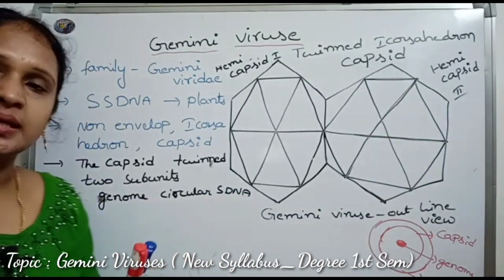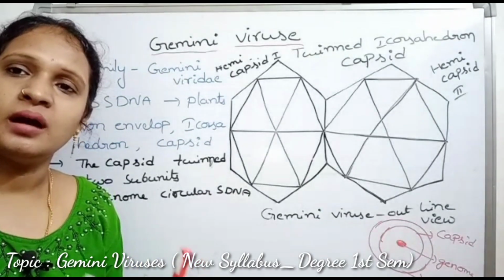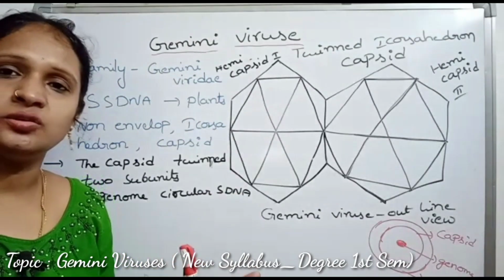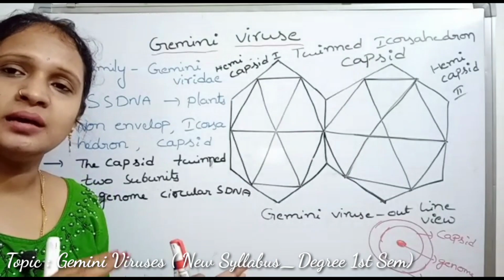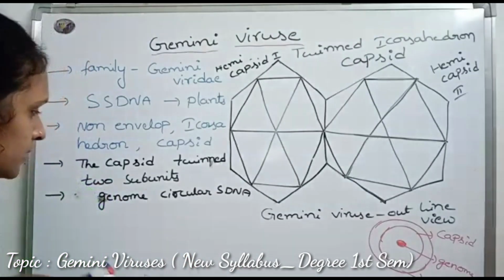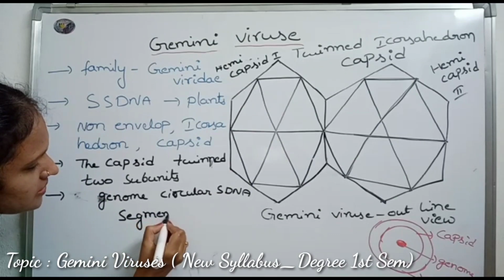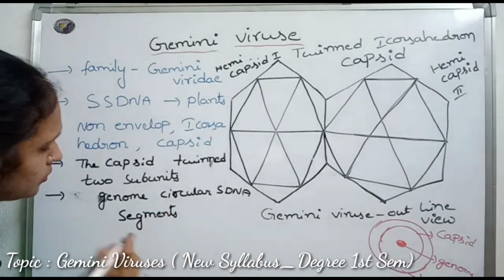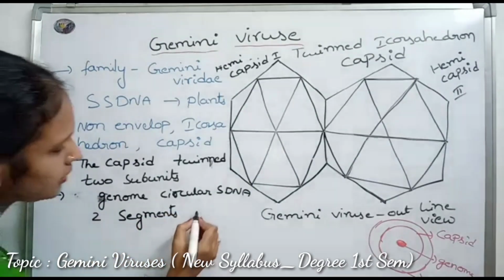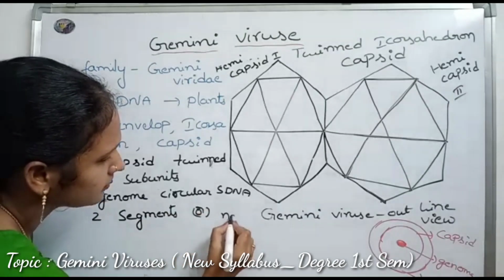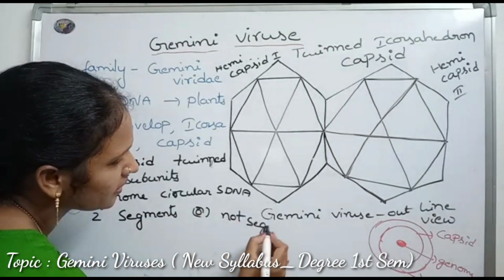This genome is either segmented or non-segmented. Their genome is in two segments or not segmented. Segments or fragments mean pieces.